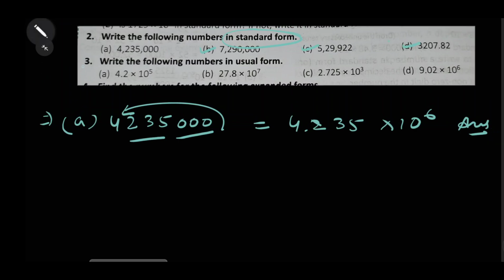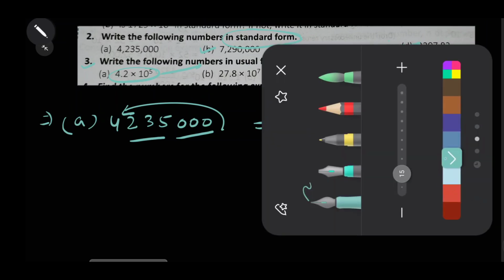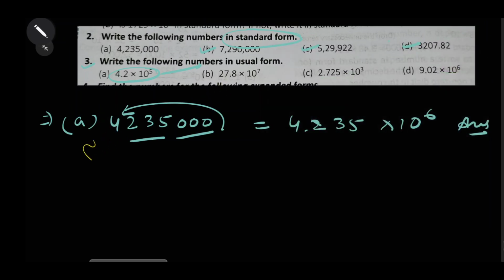But question number 3 is saying that we have to convert this standard form number to its usual form. So let us see how we're going to convert it. You can see here question number 3a: 4.2 into 10 to the power 5.